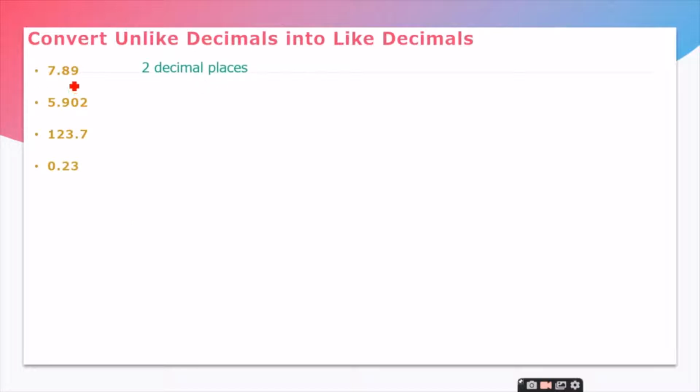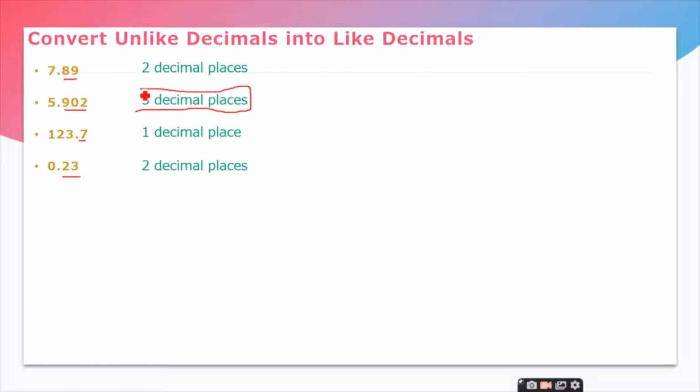In the first one we have 2 decimal places. In the second one we have 3. In the third one we have 1 decimal place, and in the fourth one we have 2 decimal places, which means we have to make them like decimals with 3 decimal places.